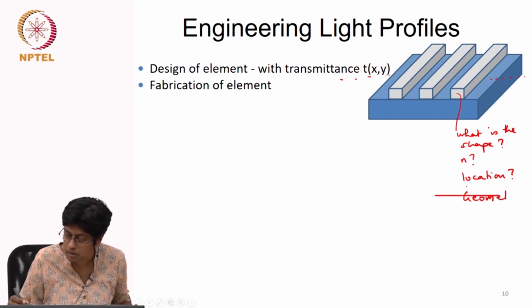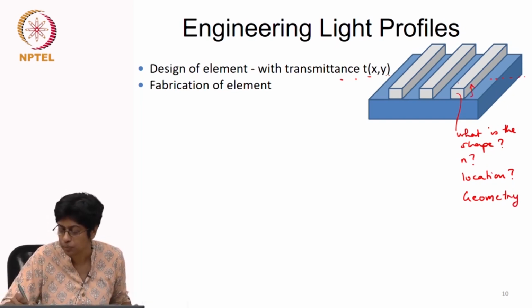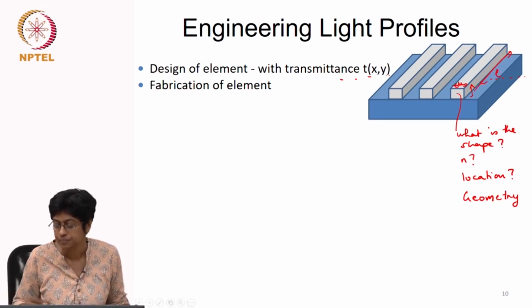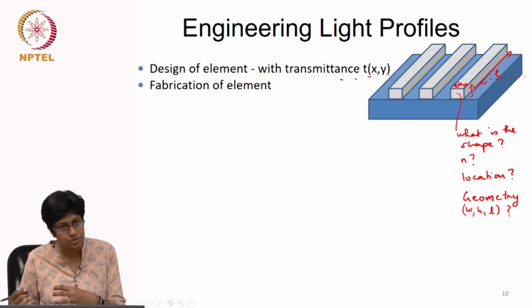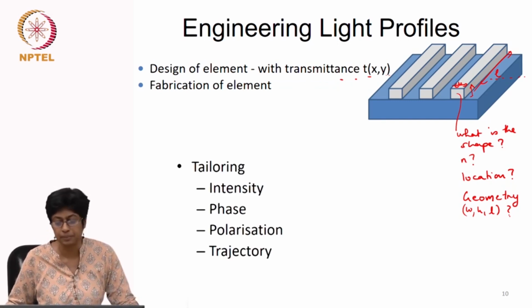In other words, what is the height and the width and the length? So width, height, length, that is required in order to transform an input beam into some other kind of output beam.